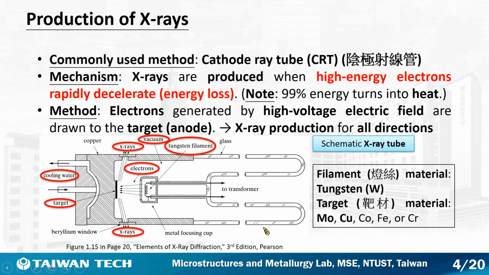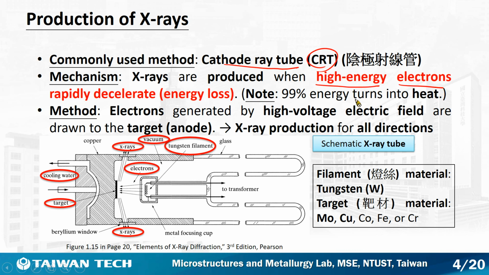And how are we going to produce X-ray? Now we know the properties of X-ray, so we can try to apply it in real applications. The most commonly used method is the cathode ray tube, CRT. The mechanism is actually very interesting. First, we generate high energy electrons.